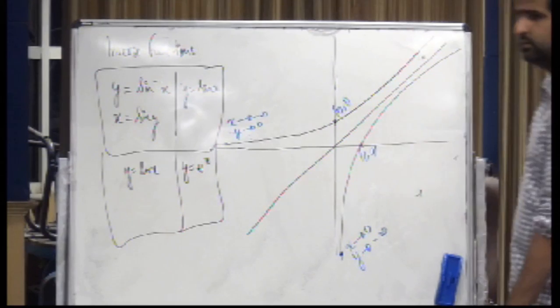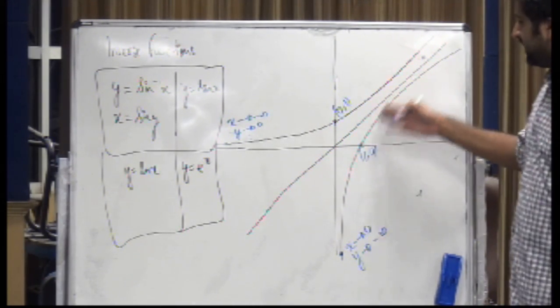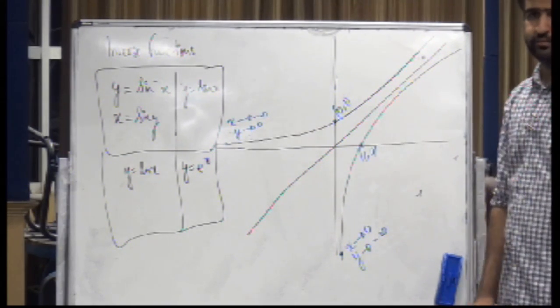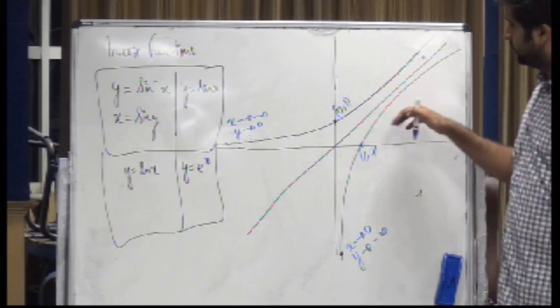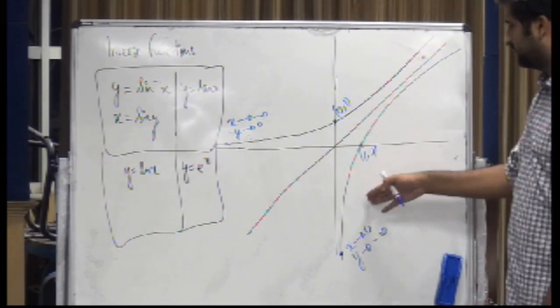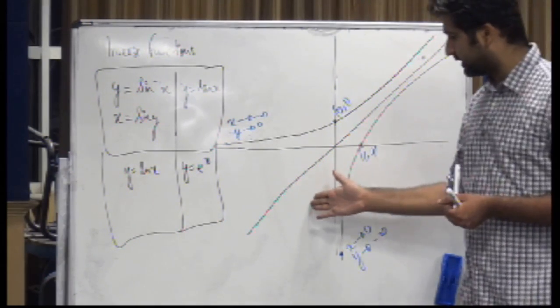This one is simple, right? This part of ln x is in the first quadrant, so this will also be in the first quadrant. Just interchange the values. Making the mirror image of this part is very easy. Now this part is a bit tough, that's why I made it. The third quadrant of ln x is missing.